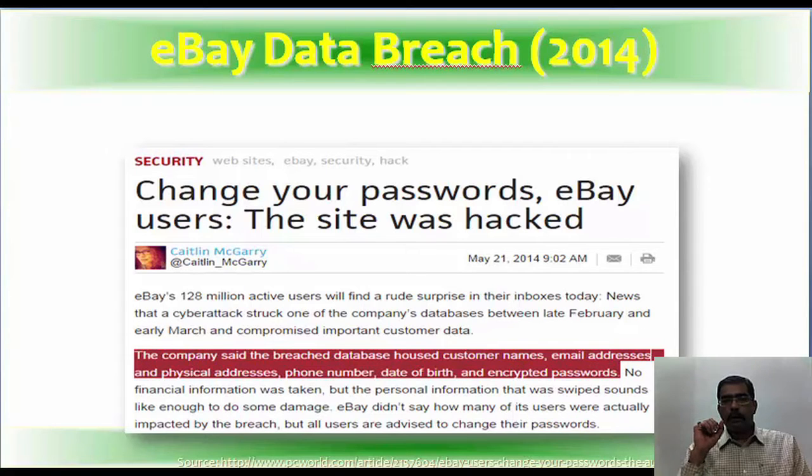This is one of the newer ones. In 2014, eBay had a data breach. In fact, eBay published a notice to change your password. The site was hacked. The company said the breached database housed the customers' names, email addresses, physical addresses, phone numbers, dates of birth, and encrypted passwords.